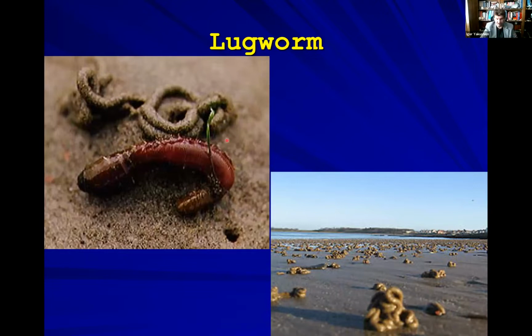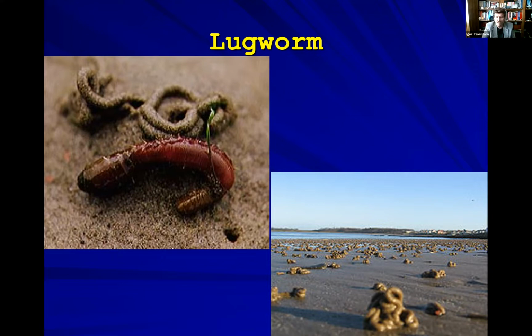They pretty much go through the sand. Whatever they cannot digest, they excrete. That picture is from the Pacific coast, like the Oregon coast, and during low tide you can see tons of them. They are everywhere in the sand. Those are lugworms. And of course, they become food for all kinds of marine creatures as well, so they're very important in this sense too.